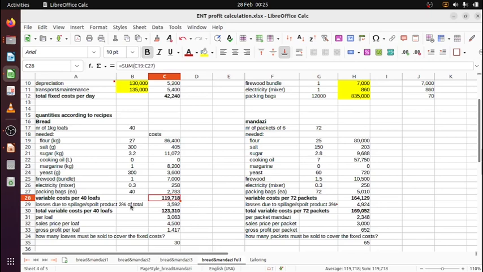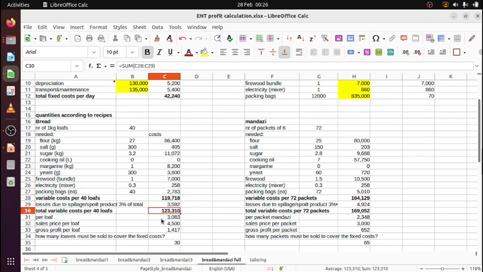I took here 3% of the total, but if from experience you find it's more or less 5 or 6, then you of course upgrade this figure, not 0.03 but 0.05 times C28, the total cost variable.